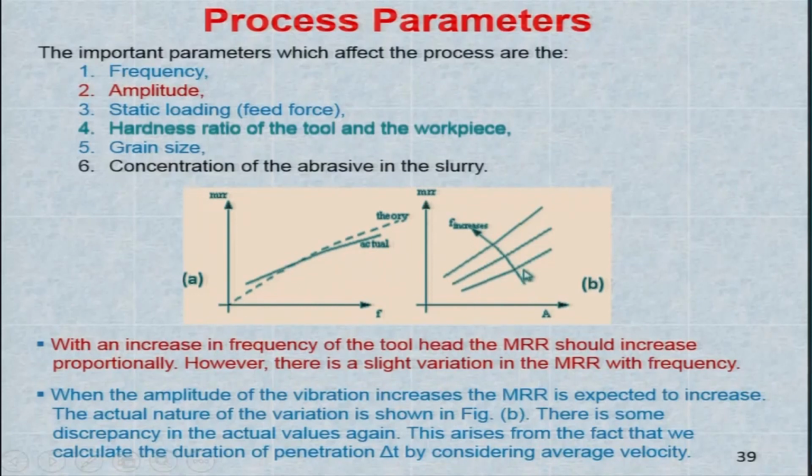This arises from the fact that we calculate the duration of penetration delta t by considering the average velocity and not the instantaneous velocity. That is why it is not a straight line, but has a very small inclination. For high frequency this is almost a straight line, but here there is a discrepancy because the frequency is low.